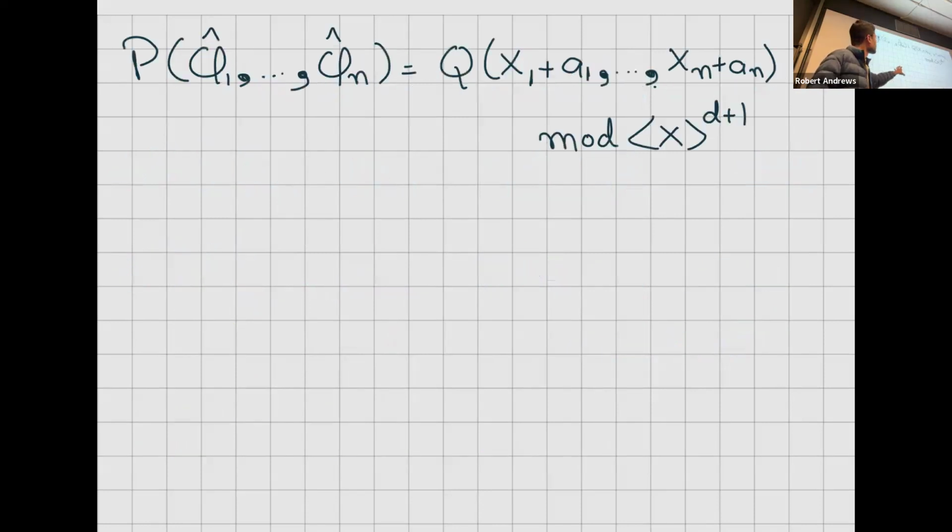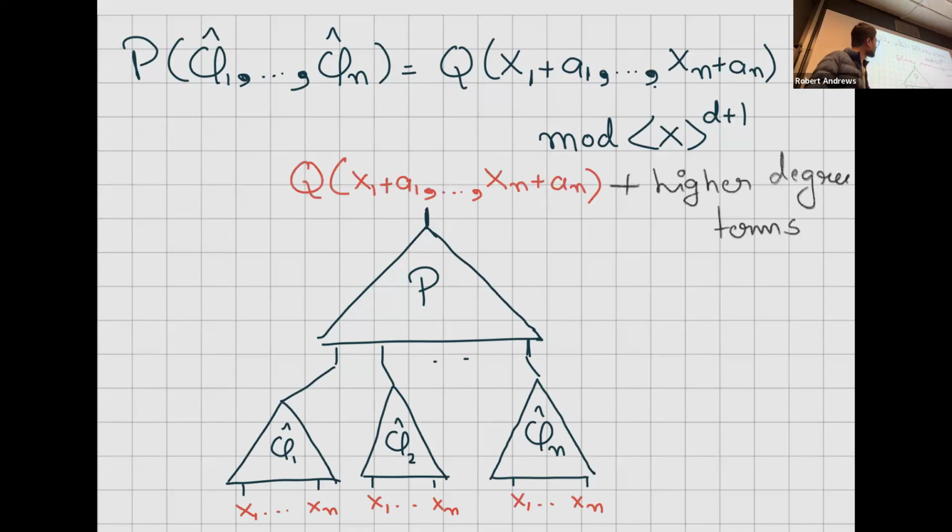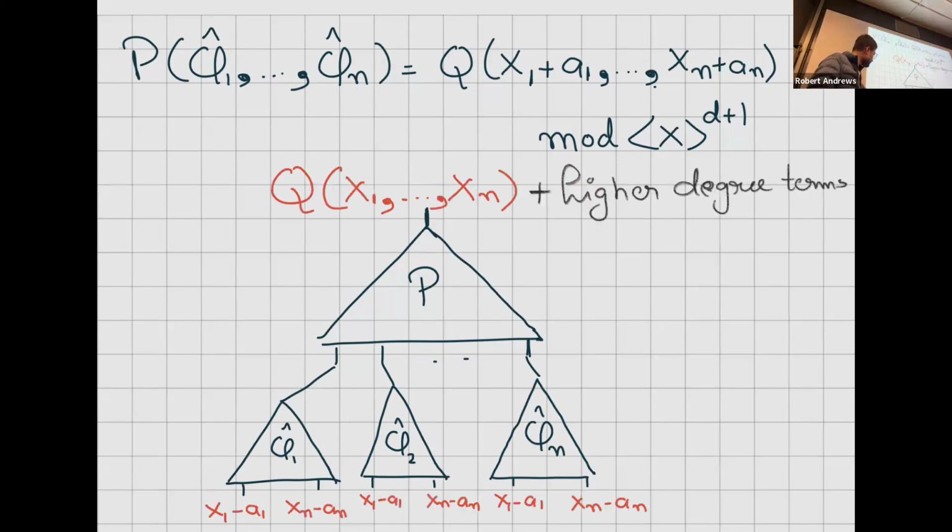Okay. So to make it explicit now, so I had a P. If I feed it phi hat, all this approximation power series roots, what I get is Q of x1 plus a1 up to xn plus an plus some higher degree terms because it's modulo that. And now if I just substitute the input as x1 minus a1 up to xn minus an, I get my hands on Q plus some higher degree terms.